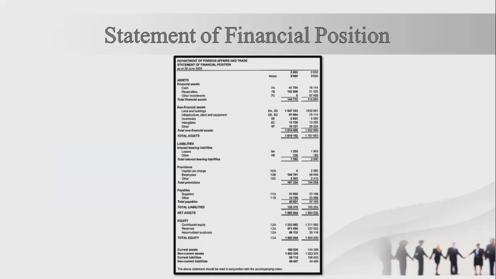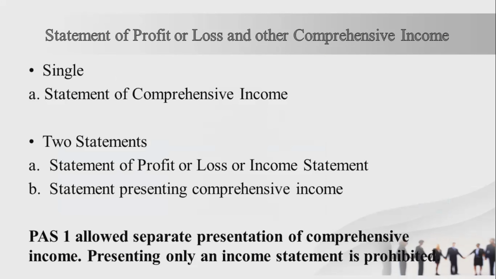Next, statement of profit and loss and other comprehensive income. There are two ways of presenting it. Single, or tinatawag nating statement of comprehensive income, or two statement, or statement of profit and loss, or income statement, and statement of other comprehensive income.